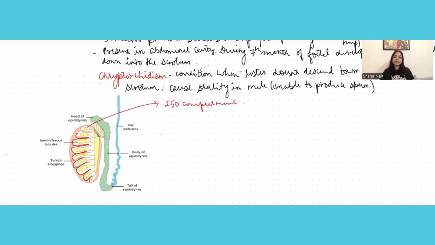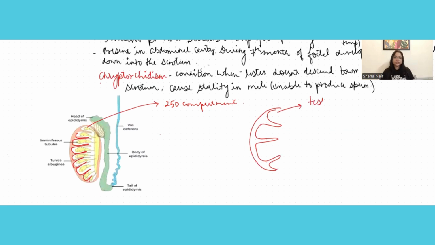And now in these compartments, there are highly coiled tubules present called seminiferous tubules. So if this is a testis, this is tunica albuginea, which divides the testis into various compartments called testicular lobules.